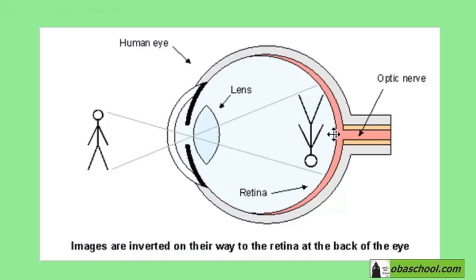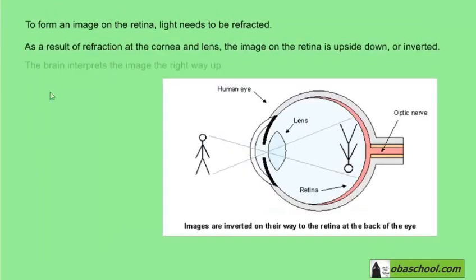But we actually don't see things inverted, we see them upright. So how does this happen? This refracted light, this inverted image, is going to reach the photoreceptor cells, the cones and the rods, on the retina, which are going to convert this light energy into an electrical impulse that will go through the optic nerve to the brain, and then the brain is going to interpret the image the right way up.